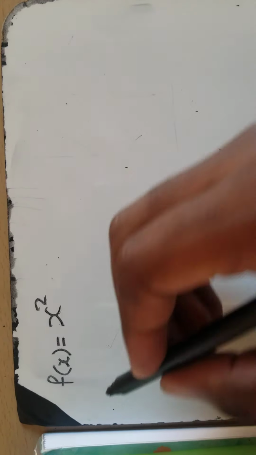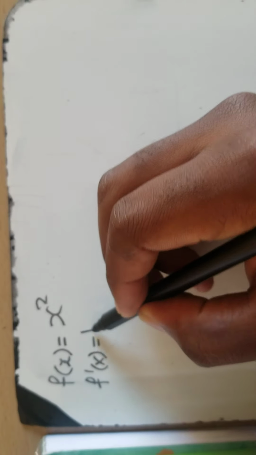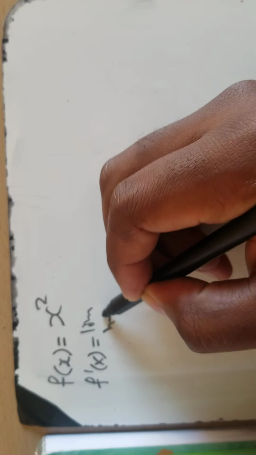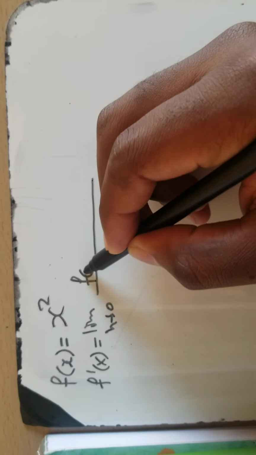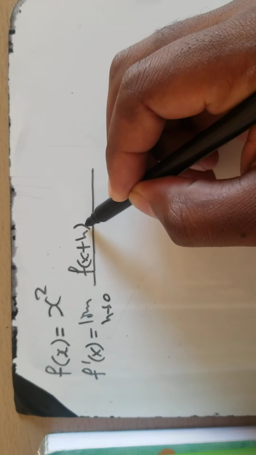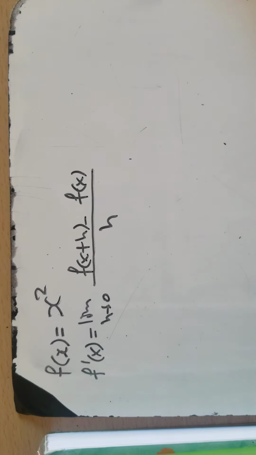We know that the formula for first principles is f prime of x equals the limit as h approaches 0 of f of x plus h minus f of x, all over h.